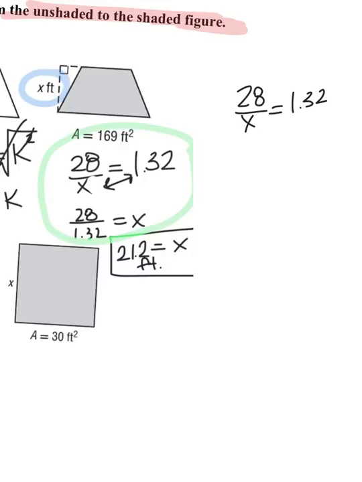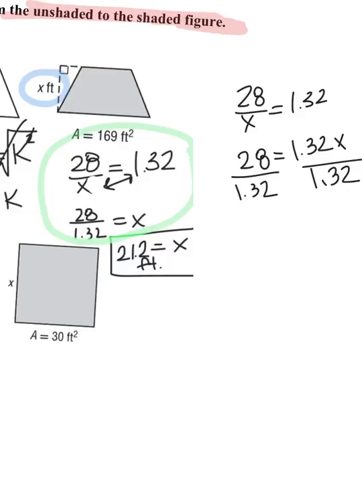Well, if I cross multiplied, I got 28 equals 1.32x. Well, right now those are being multiplied. How do I move it to the other side? I divide by 1.32 and divide by 1.32. This divides to 1, so it's not there anymore because it's 1x. And I have 28 over 1.32, excuse me. So that's how I did 2 steps in 1. Again, if you just want these two to move around, they can just switch places.